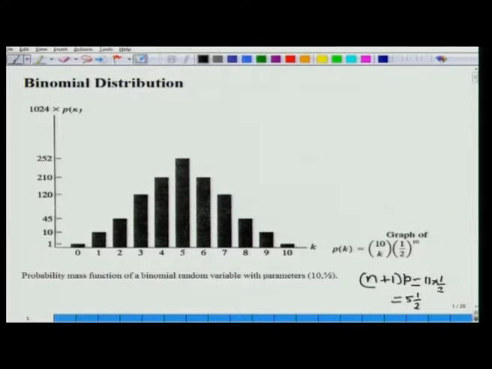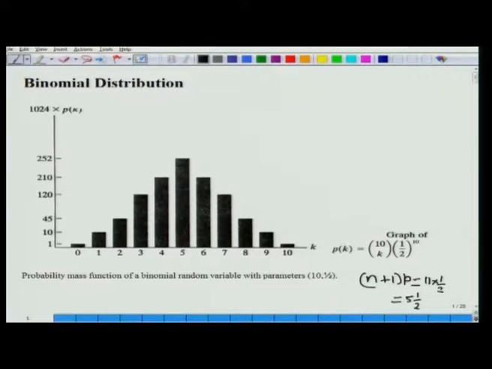Okay. We just want to explain that this is 1024 into p raised to k, because the horizontal axis is k. Otherwise the numbers would have been less than 1, so just to make them whole numbers, we multiplied everything by 1024, which is 2 raised to 10.